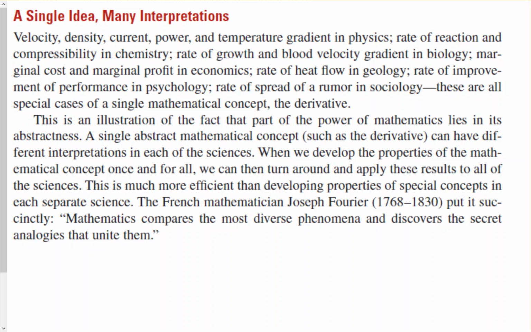Then we have an instantaneous velocity, instantaneous cost, by taking the derivative. So many different interpretations, many different places where the derivative is used. It's just a matter of working out the math and figuring it out.